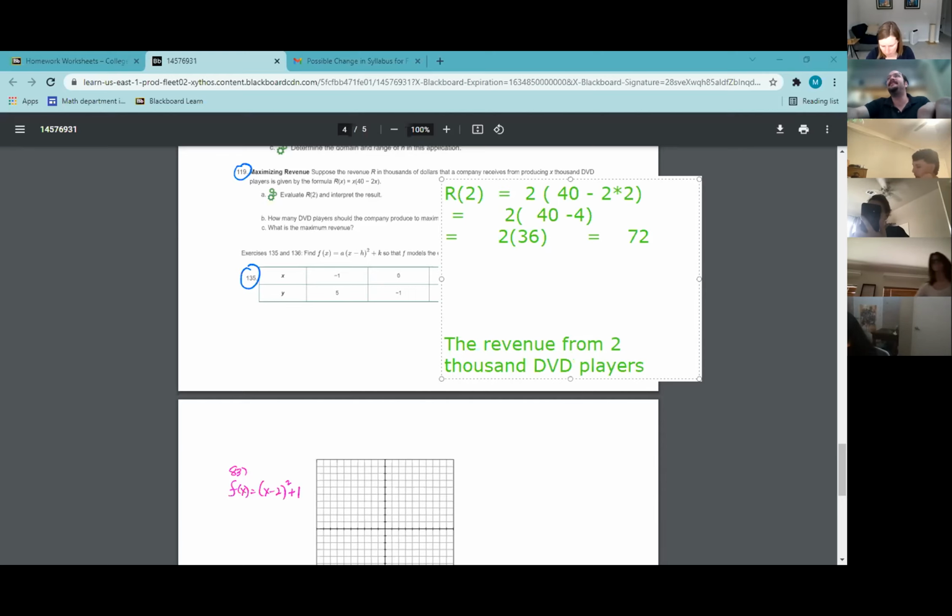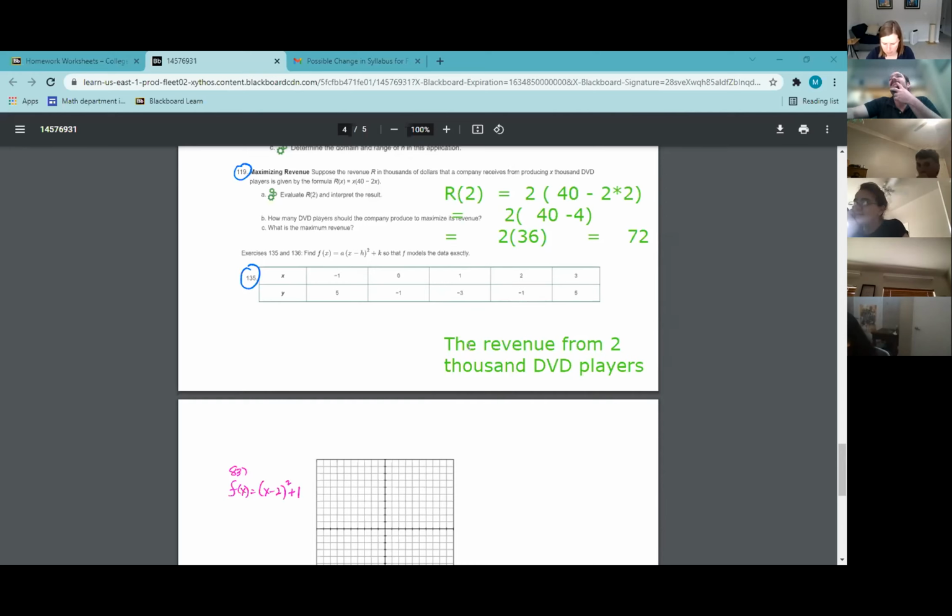Where is the R coming from? The revenue? We haven't put that in yet. So the revenue from 2,000 DVD players will be what?